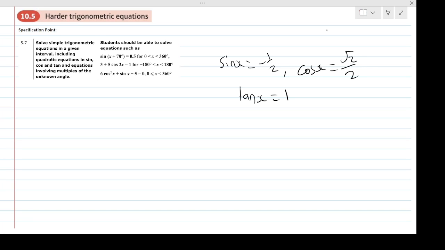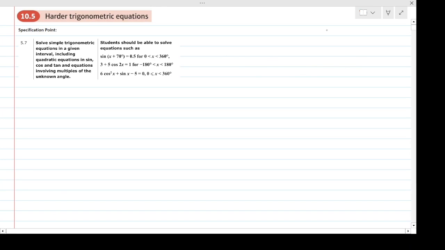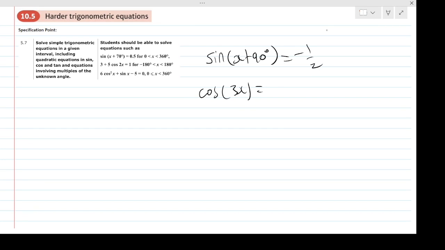So you need to be very comfortable with being able to do that, because we're going to be a bit more of a step up in this video. What we're going to look at is solving trig equations where the angle is a bit more complicated. So we're going to solve equations such as sine of x plus 90 degrees is equal to minus a half, or cos of 3x is equal to root 2 over 2.